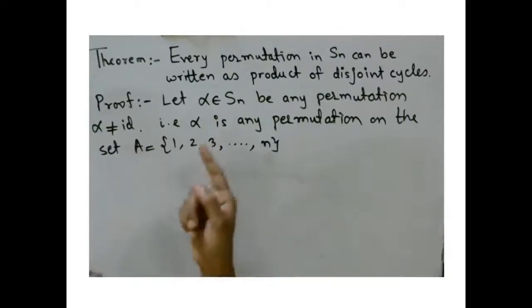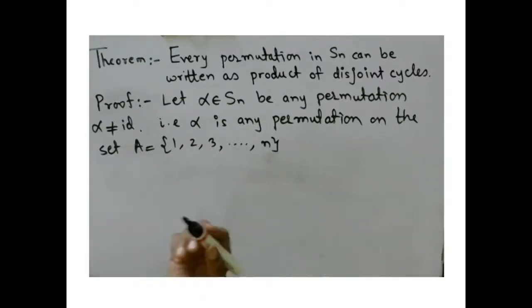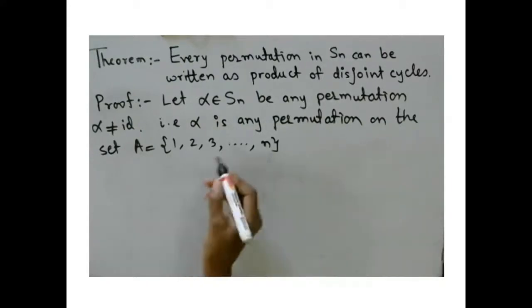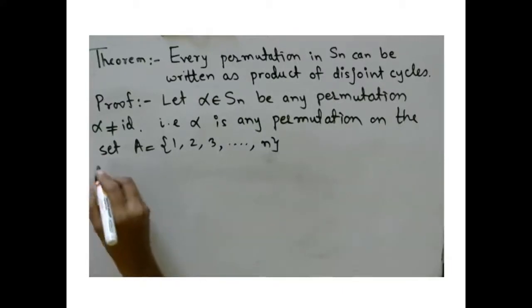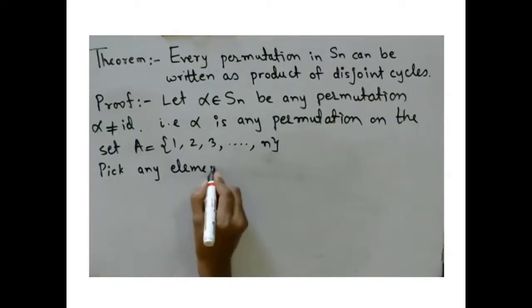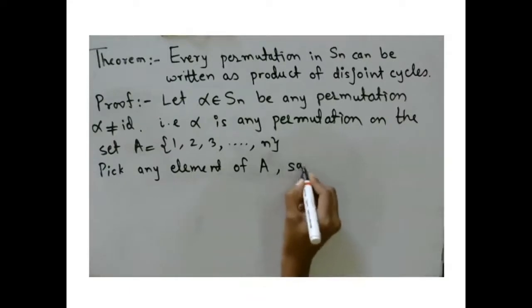In our example, our set was 1, 2, 3 up to 9. What we have done in that example, we have picked up any element from that set. So here also we'll pick any element from the set A. So pick any element of A. Let us call that element A1.